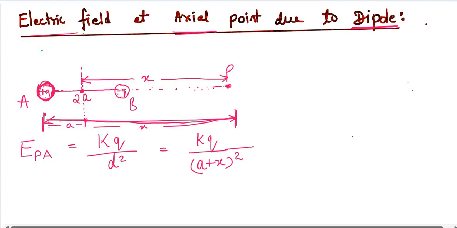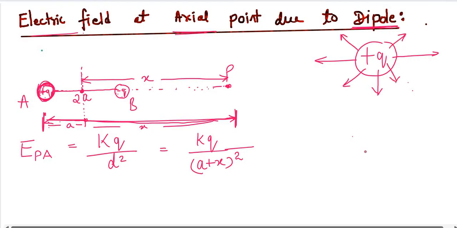And what will be the direction? See, this is a plus charge. Whenever there is a plus charge, the electric field is always outward from the charge. This is the direction of the electric field. For any negative charge, the electric field direction is always inward.